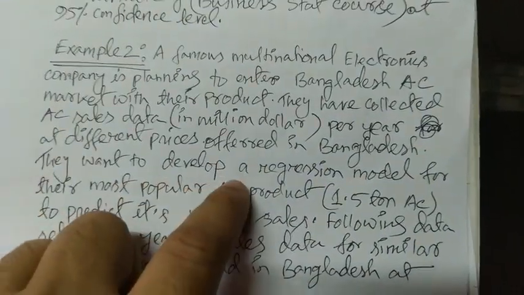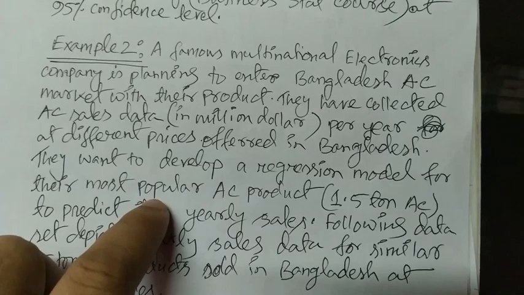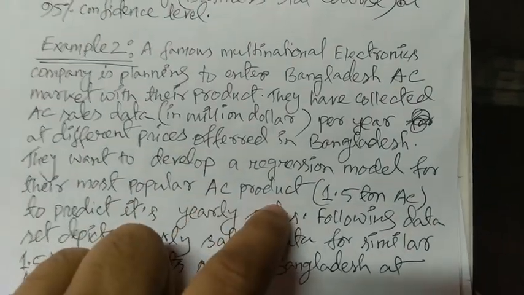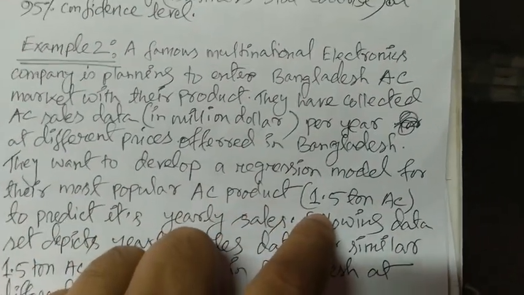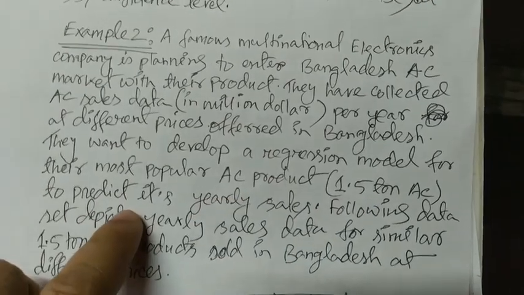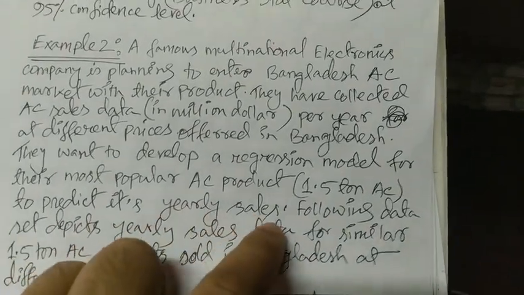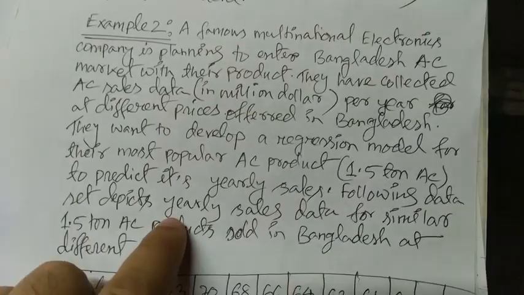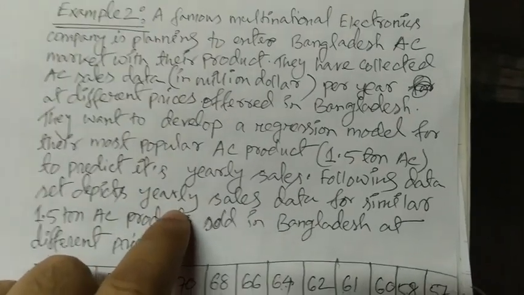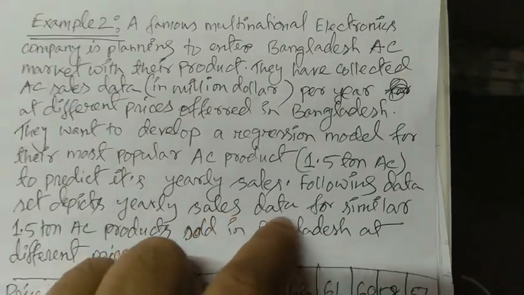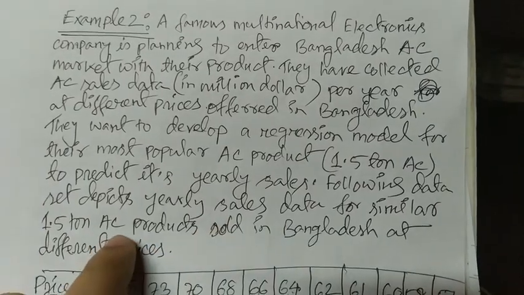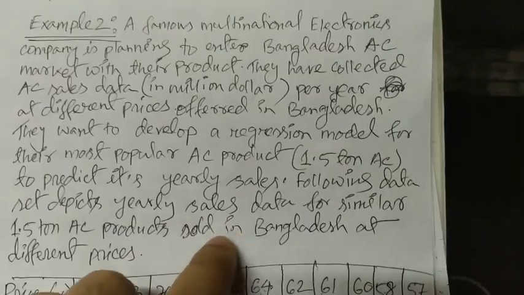They want to develop a regression model for their most popular AC product, the 1.5 ton AC, to predict its yearly sales.